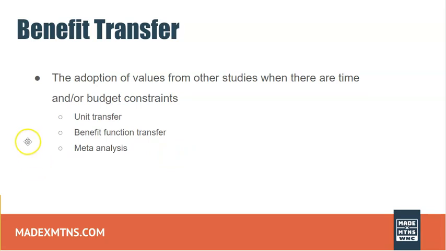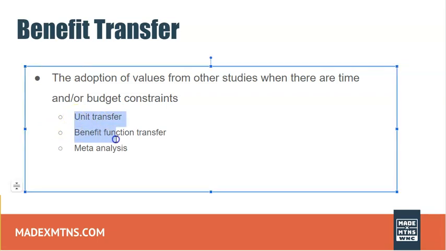So there's 3 approaches, and they go from the simplest to the most complicated: unit transfer, benefit function transfer, and then meta-analysis. And we won't talk about meta-analysis from this chapter, but there's a paragraph or 2 in the readings, and you can take a look at that to get a feel for what that approach involves.